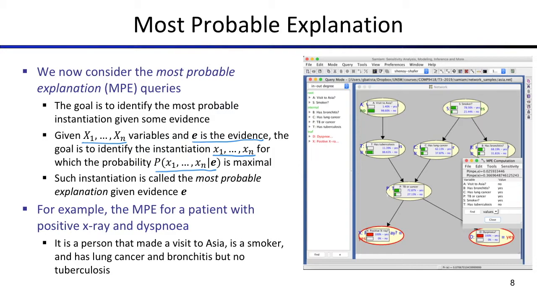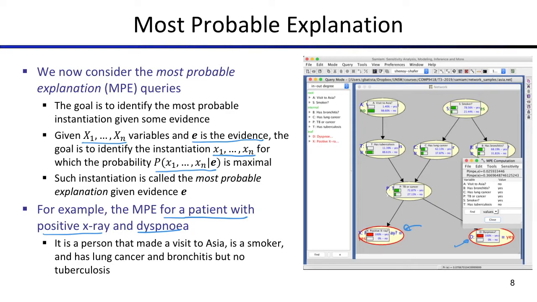For example, we can use SEMLAM to compute that for us. If you have, for instance, a patient that has a positive X-ray and dyspnea, we set the evidence here and here. There is a special part in the software where we go to compute MPEs, and it gives us the instantiation with maximum probability.